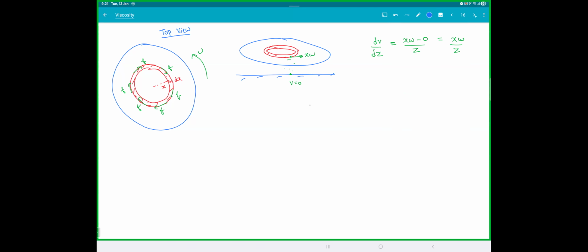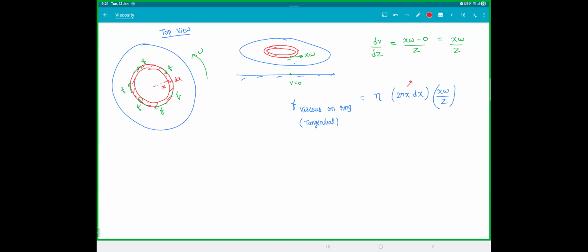Now, what is the viscous force on the ring? The tangential direction. What is the formula? Eta, area will be 2 pi x dx, dv by dz, which is x omega by z.